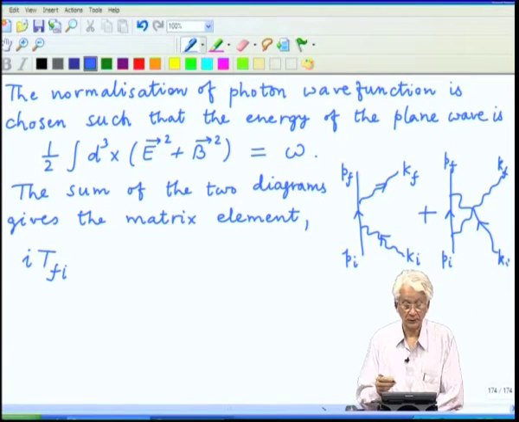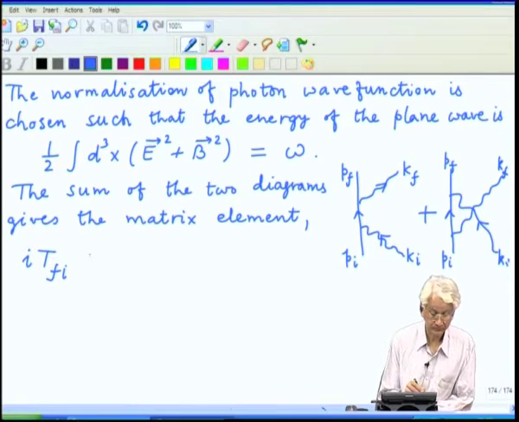So, the overall delta function for energy momentum conservation is taken care of.